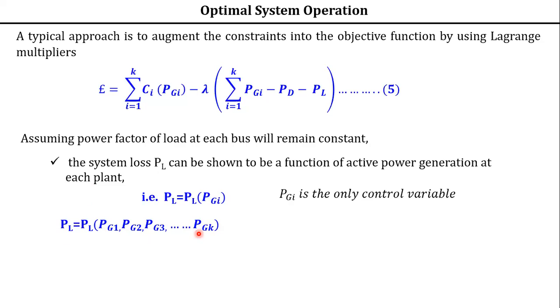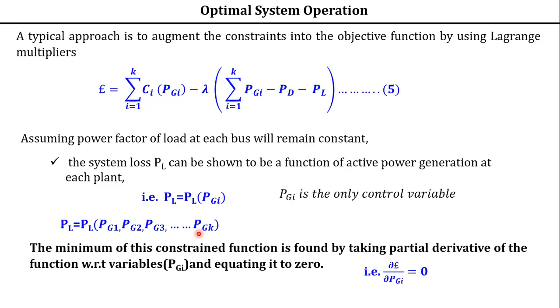So augment the equality constraint to the objective function. Represent the transmission loss PL as a function of active power generation at each plant. Then the minimum of this constraint function is found by taking the partial derivative of the function with respect to PGi and equating it to 0. Same technique, the same thing we applied in case 1 also.